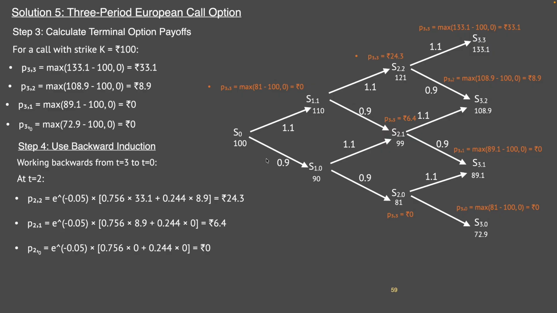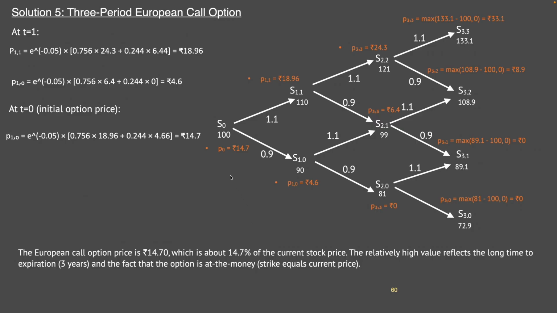Alright. Now coming to the last values, P11, P10 and P0. At t equal to 1, P11 is how much? 0.756 into 24.3 plus 0.244 into 6.4. So you get rupees 18.96 for this.